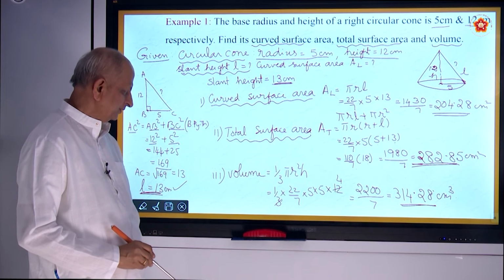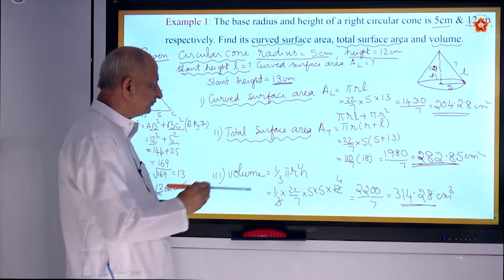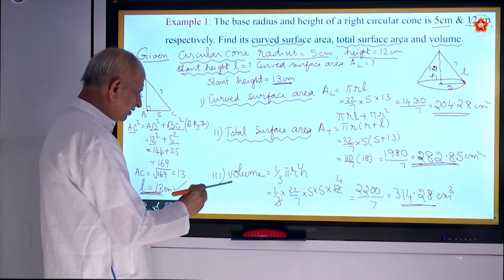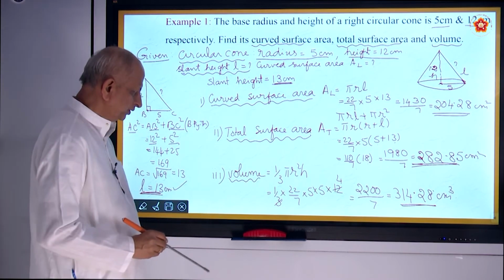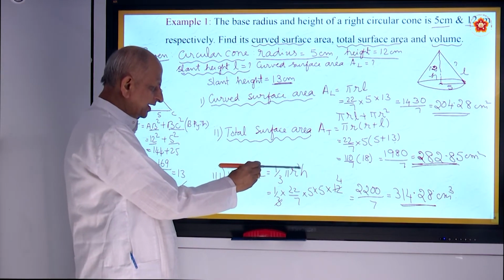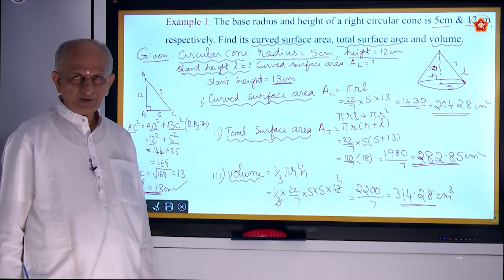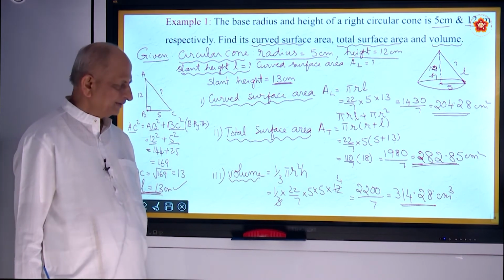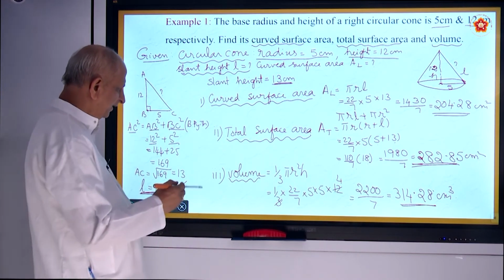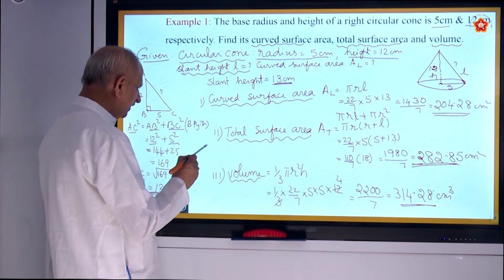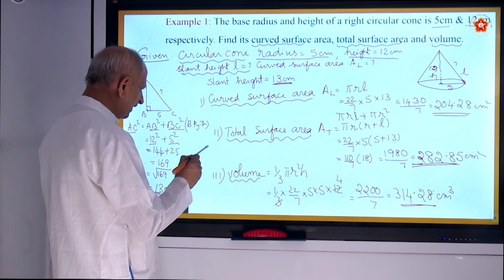So, cubical. There is a third question. Third question is what? Volume. 1/3 pi R square H. How did you get that? Other day you have been remembering that volume of cylinder and cone are compared.